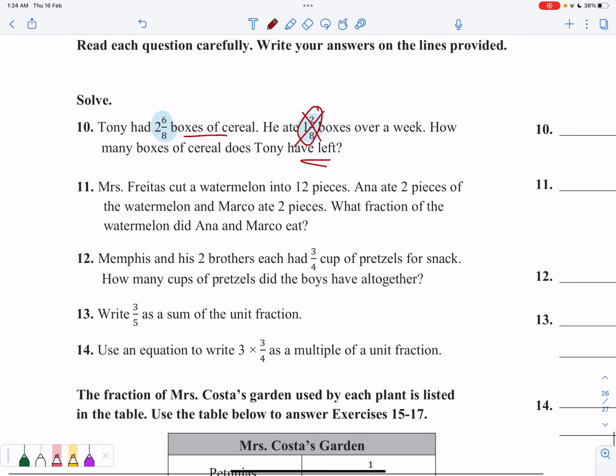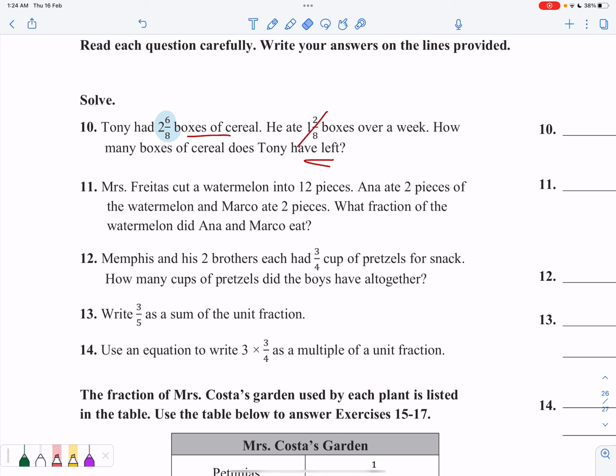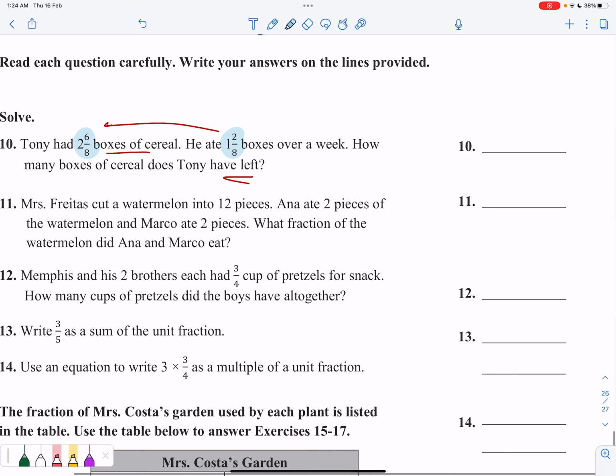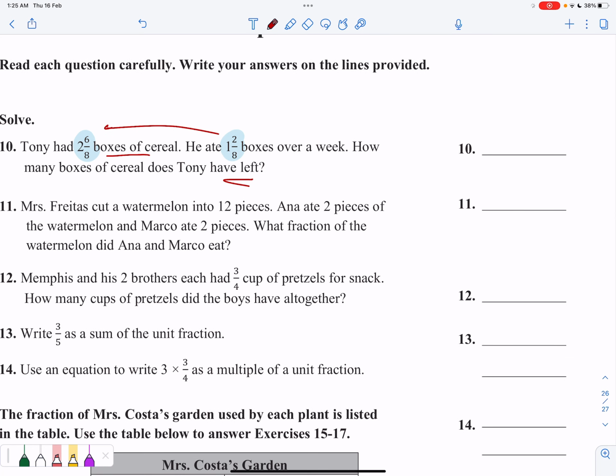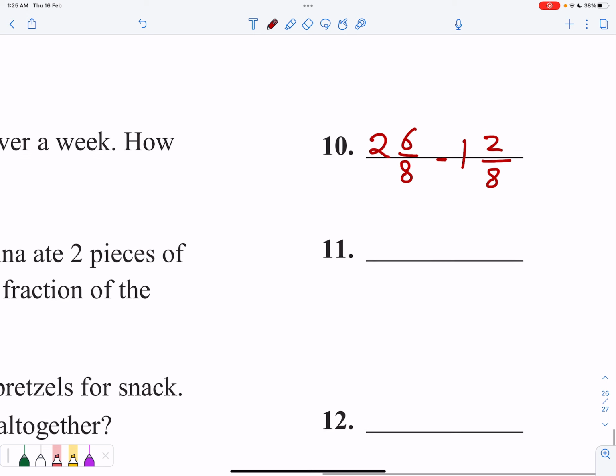So this is like a clear question. We need to subtract this amount that he ate from the total amount to find out how much he has left. So let's do that. 2 and 6 over 8 minus 1 and 2 over 8. Let's subtract. So 2 minus 1, the whole numbers, equals 1.